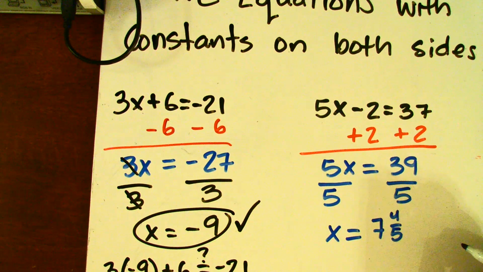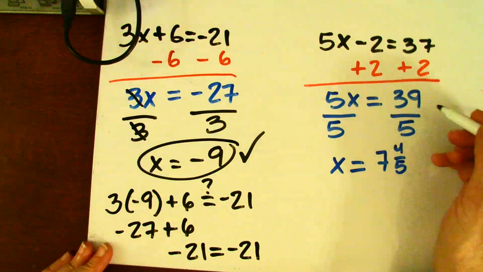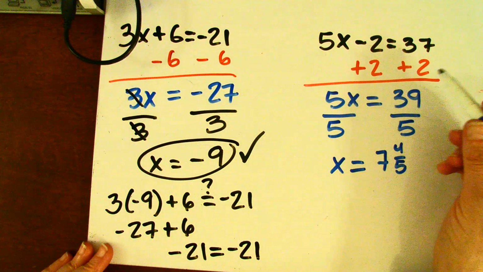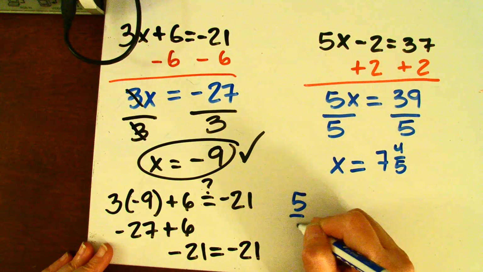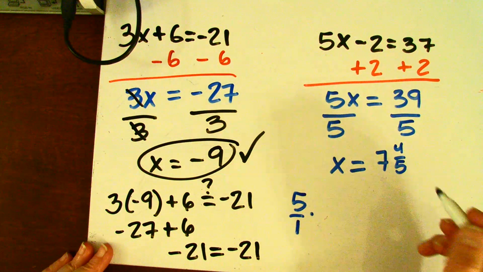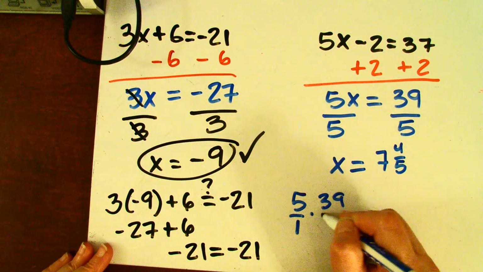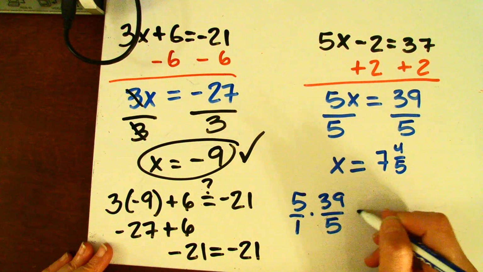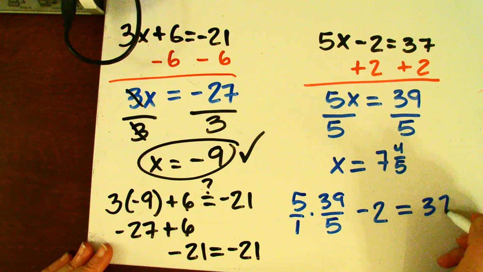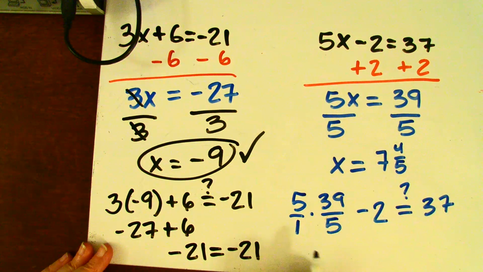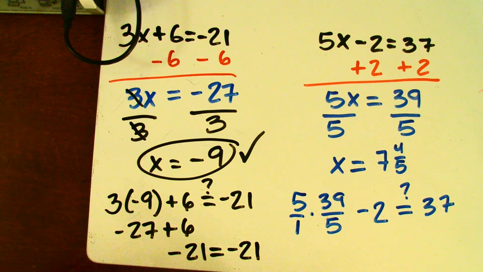To check my solution, I'm going to plug in 39 fifths into the original equation. That's going to be 5 over 1 times 39 fifths minus 2 equals 37. And we want to make sure we get the same 37 on the left side.